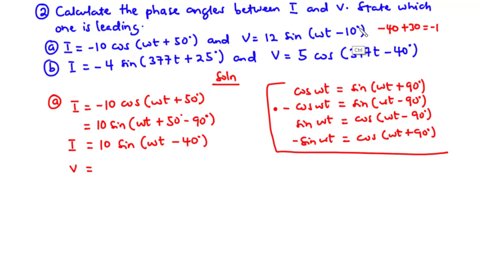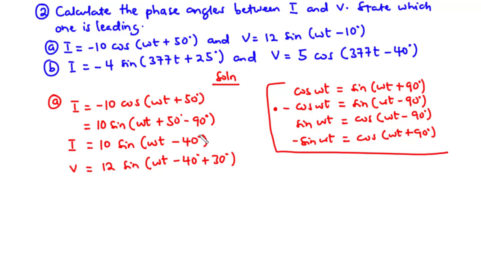So instead of writing negative 10 degrees for the phase angle of V, we are going to represent that as negative 40 plus 30 degrees. So we have V equals 12 sine omega t minus 40 degrees plus 30 degrees.